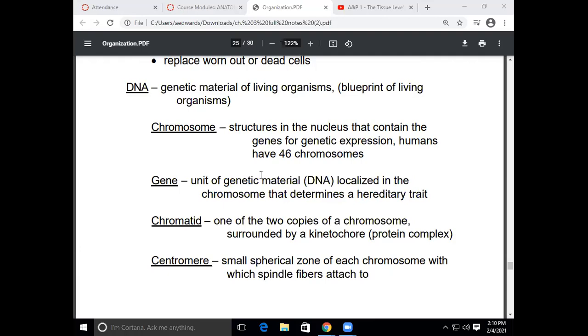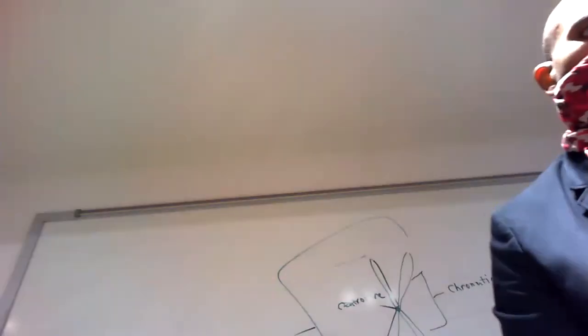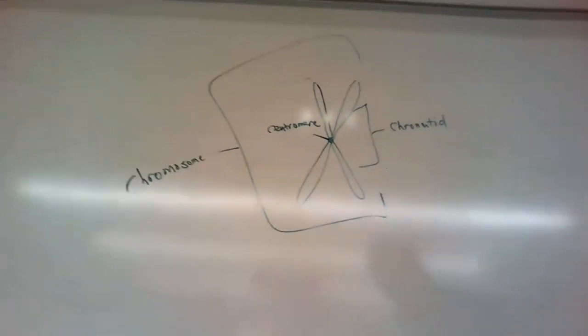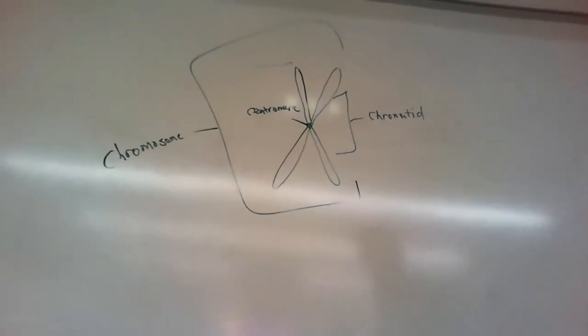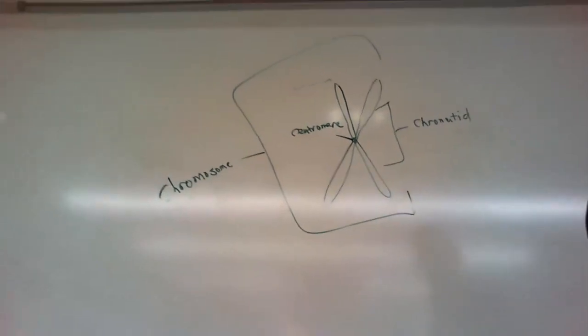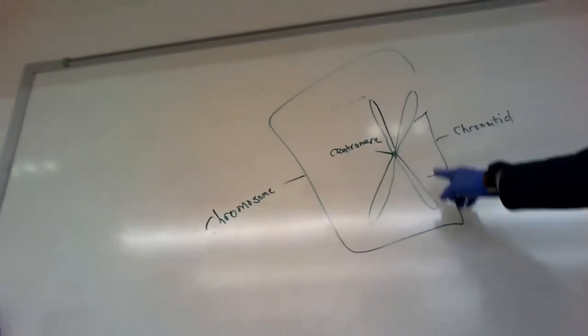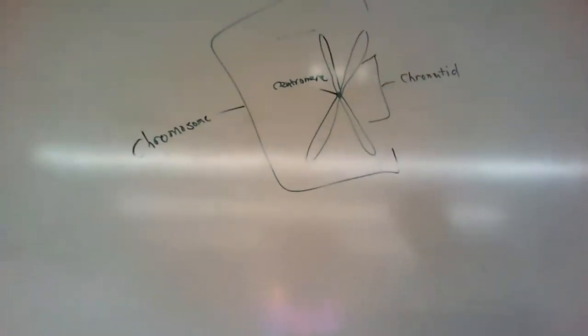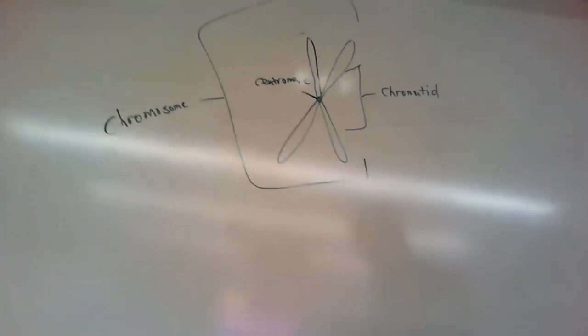All right, so let me switch to show you what I just wrote on the board. So the whole thing is a chromosome. From here down, like a less than or greater than sign, that's a chromatid.